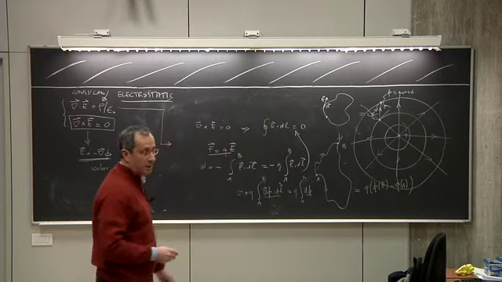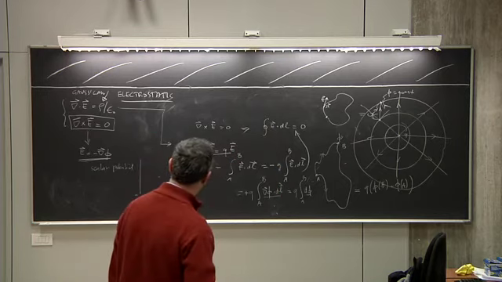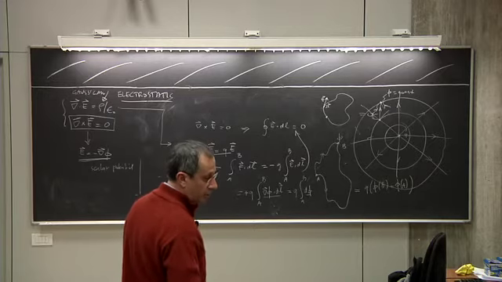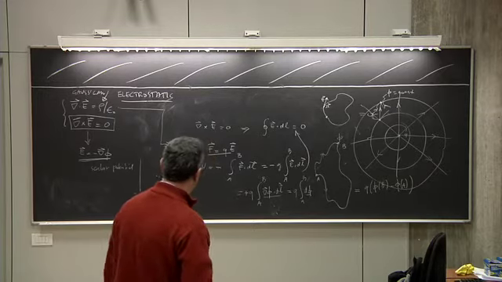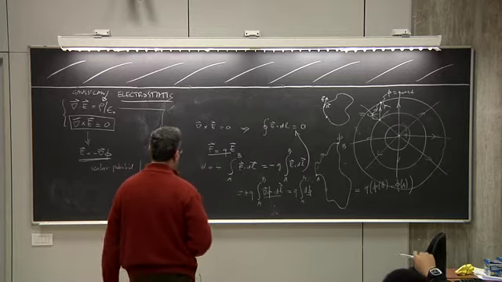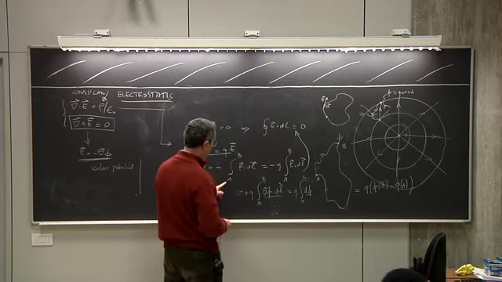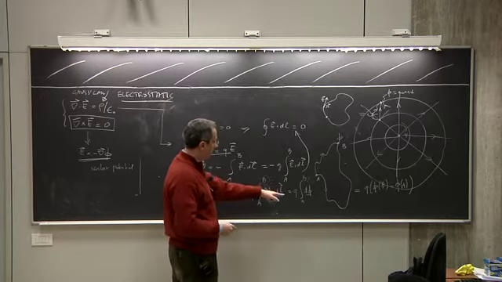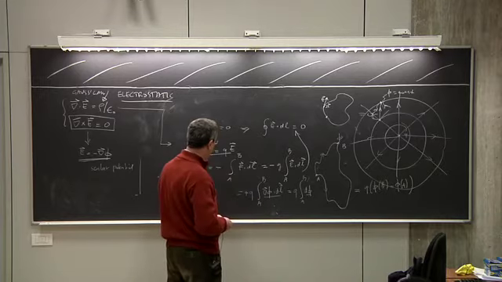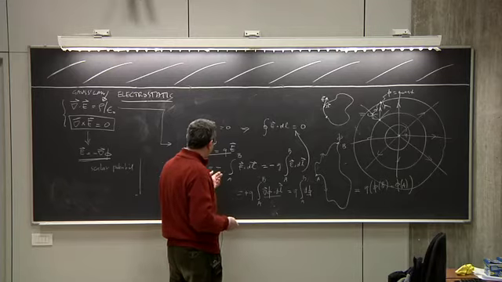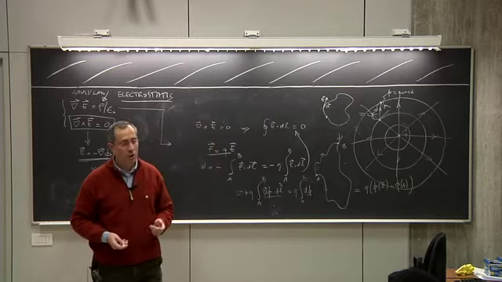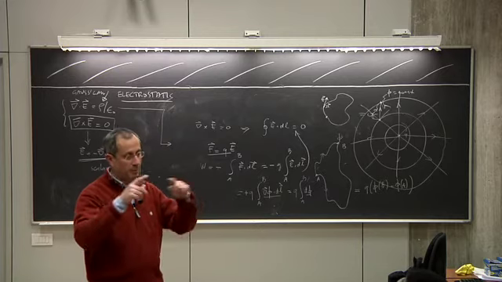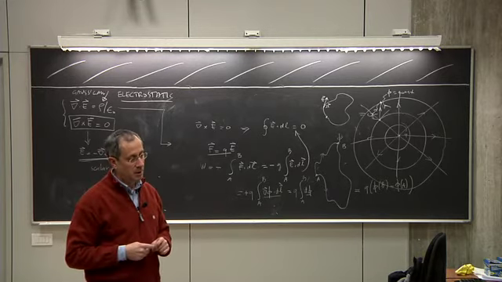I made a mistake. Where work is minus... Well, the conservative means that it does not depend on the path. So energy is conserved.